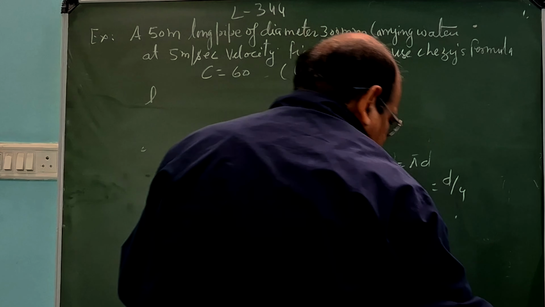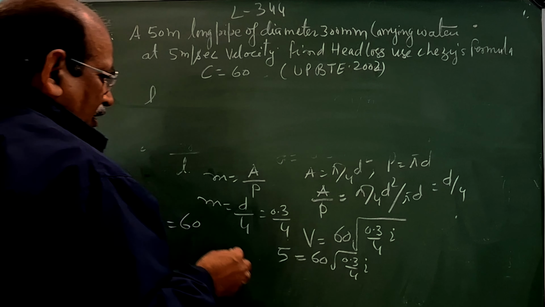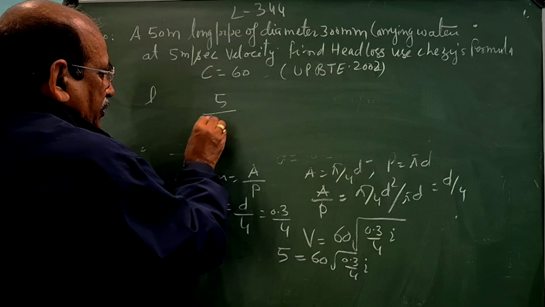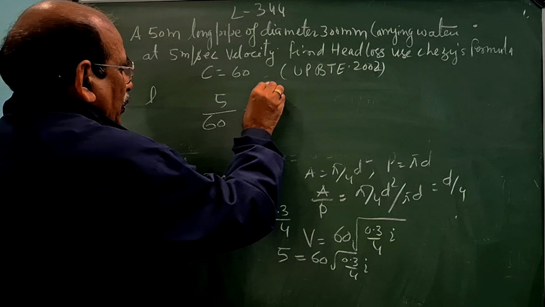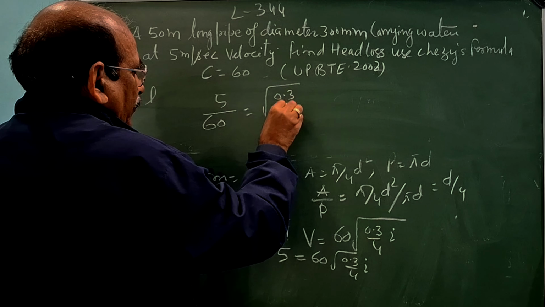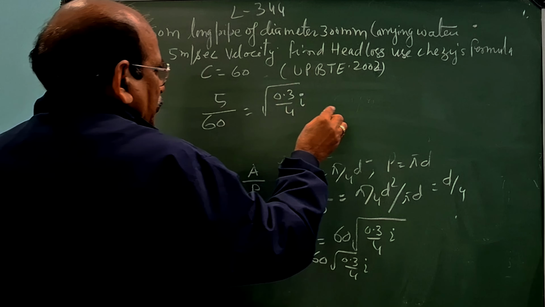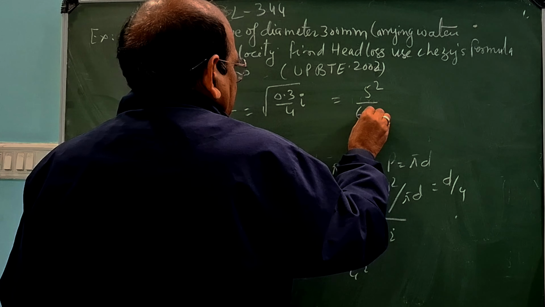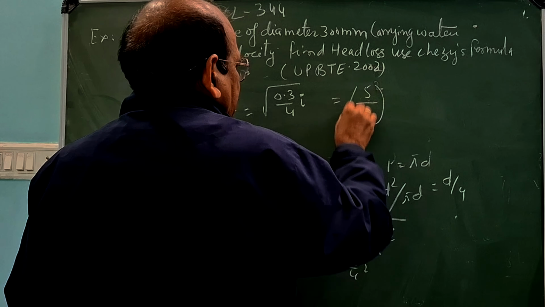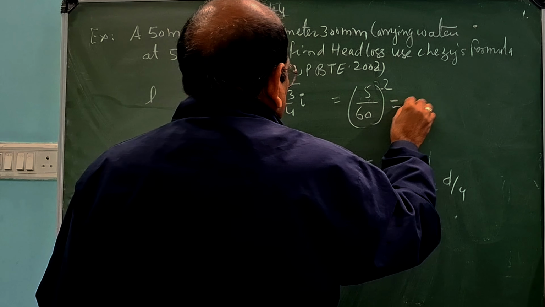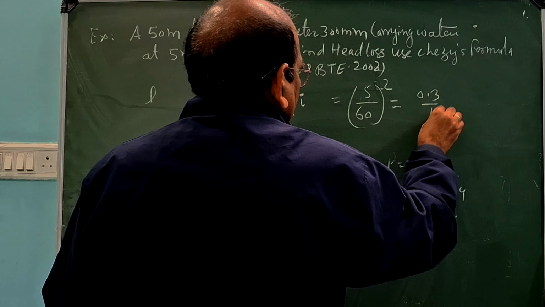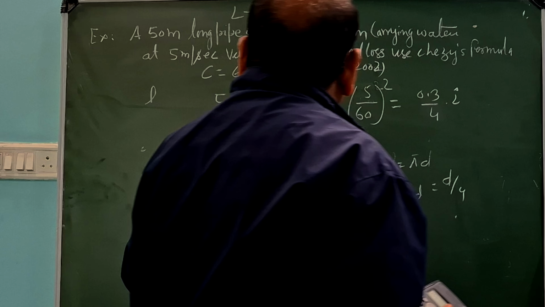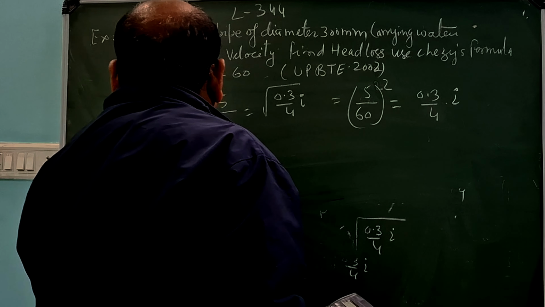This is what we are getting, that is 5 upon 60 equals to root over 0.3 upon 4 i. So you can have 5 upon 60 whole square equals to 0.3 upon 4 into i. So you can always find out this i.